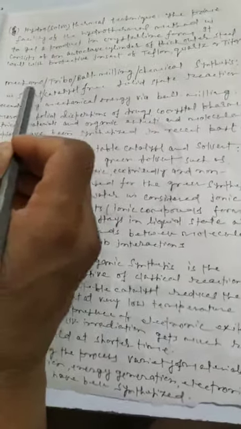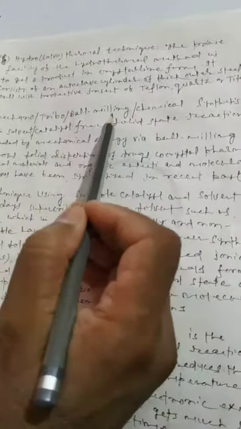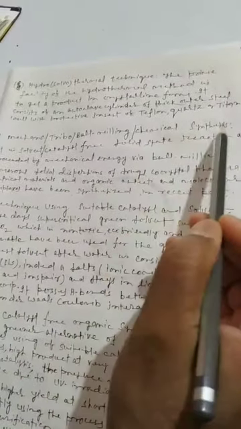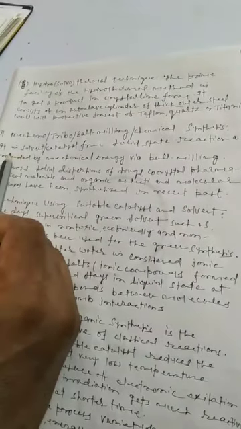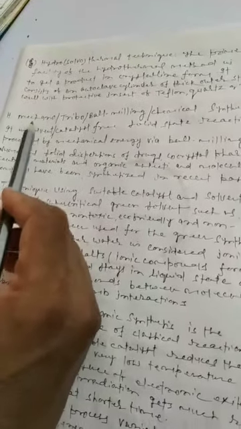Next one is the mechano tribo ball milling chemical synthesis. In this process there is only the work of the mechanical force.